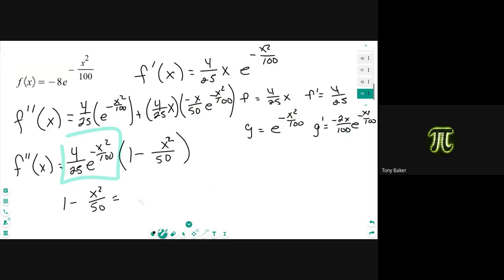All right. So we've got x squared equals 50, which means x equals plus or minus 5 square root of 2.